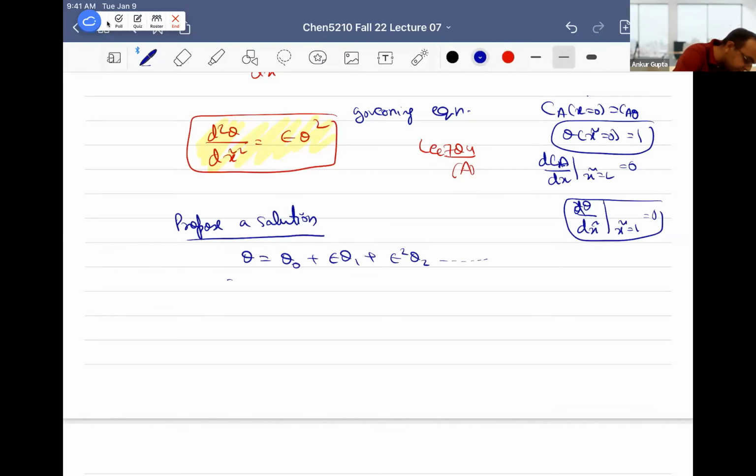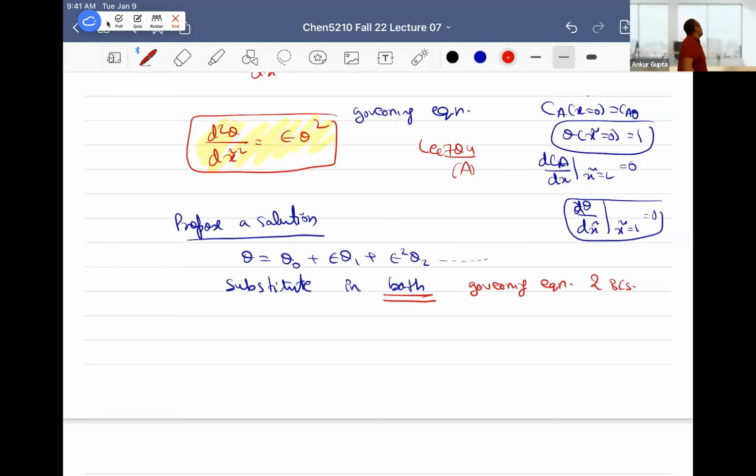And then just substitute. This is very, very important. Substitute in both governing equations and boundary conditions. The most common error is that students only substitute it in the governing equations. You have to substitute it in both governing equations and boundary conditions.